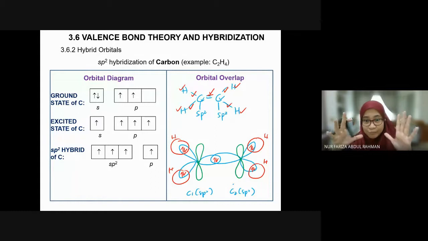Tapi dia akan jadi serabut lah sebab semua terlampau close to one another. We have trouble in deciding whether this is a sigma bond ataupun pi bond because they are too close. That's why kita extend, kita panjangkan dia. Tapi nampak macam dia tak overlap, tapi sebenarnya dia overlap.